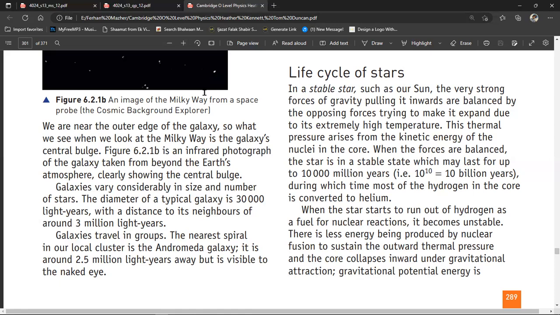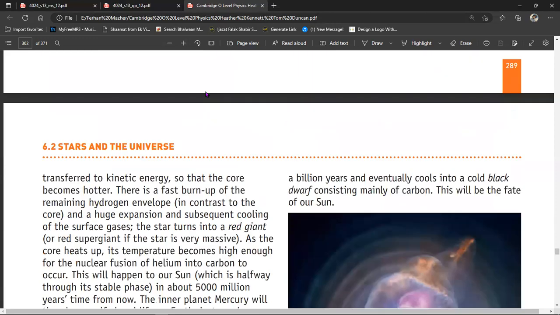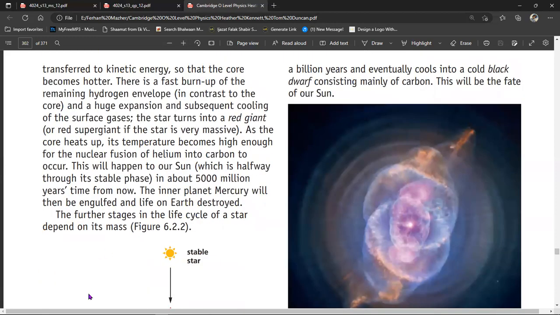Gravitational potential energy is transferred to kinetic energy so that the core becomes hotter. There is a fast burn up of the remaining hydrogen envelope in contrast to the core, and a huge expansion and subsequent cooling of the surface gases. The star turns into a red giant, or a red supergiant if the star is very massive.